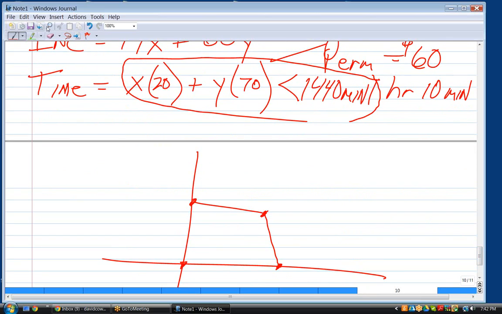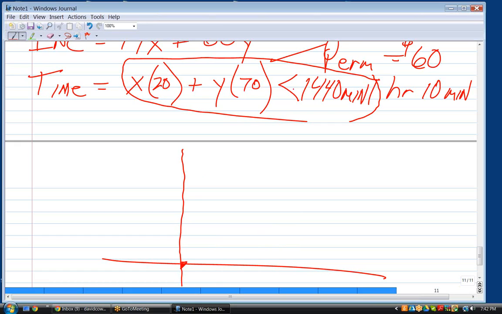The best way to graph that is to use the x and y-intercepts, rather than solving for y and putting it into mx plus b format and then graphing. If you have x and y on one side and a number on the other, the y-intercept comes when x is 0.